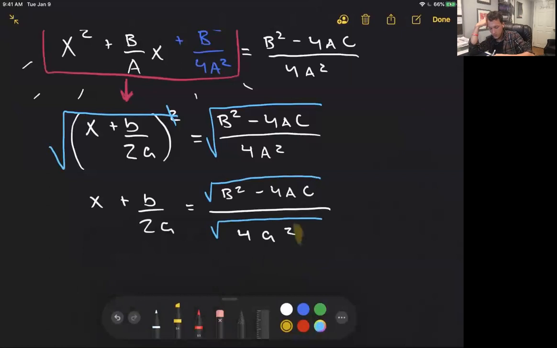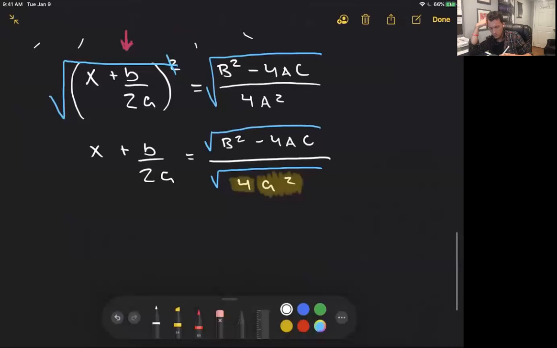But both 4 and a squared are separated, and both of those are perfect squares, which is what I want. Give me a sec to catch up.